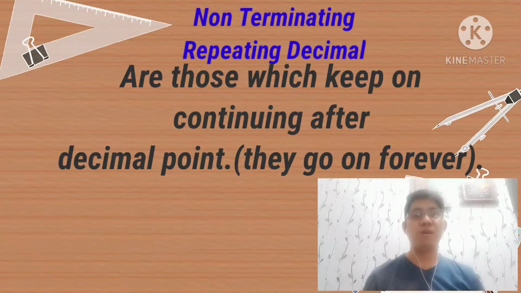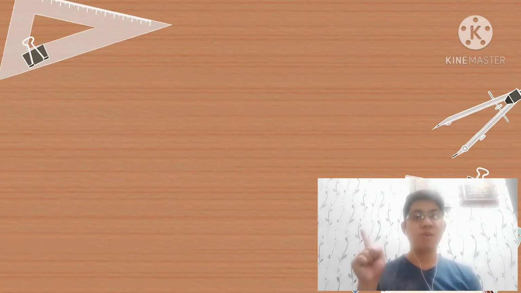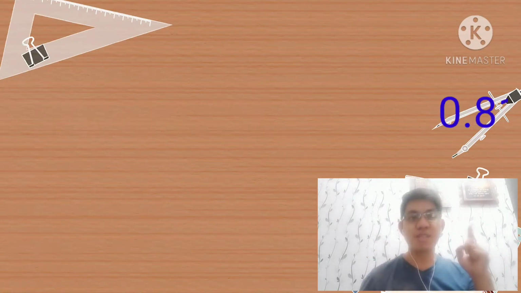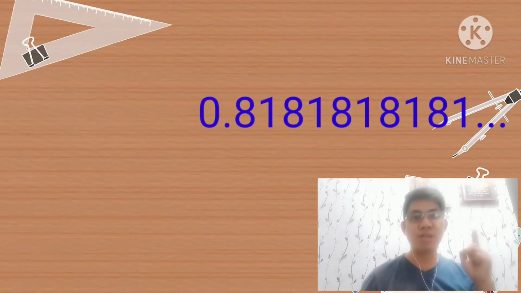Examples of what's so-called non-terminating repeating decimals are 0.44444444 and so on, 0.8181818181 and so on, walang katapusan. So those are the examples of non-terminating repeating decimals.